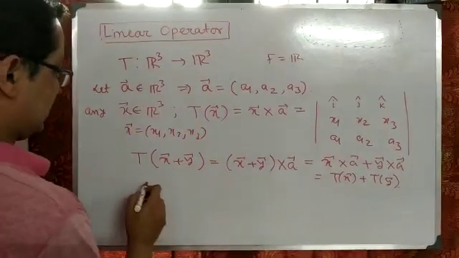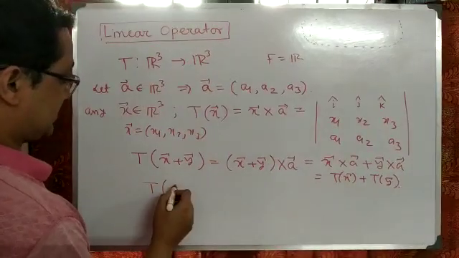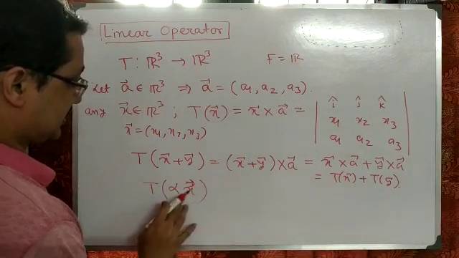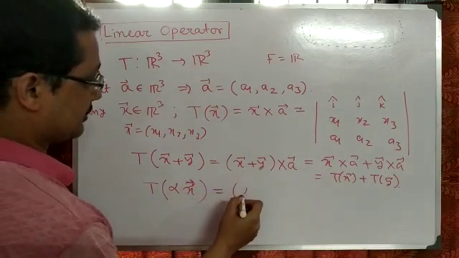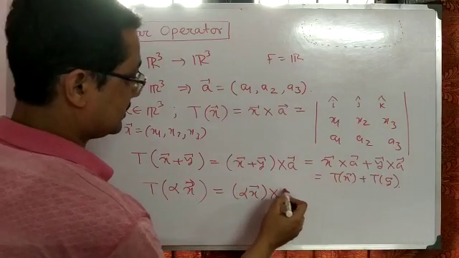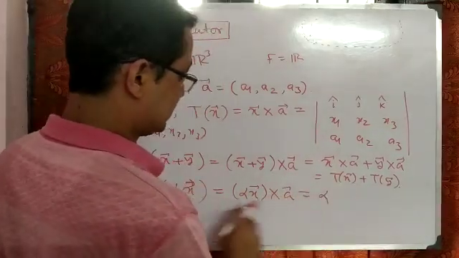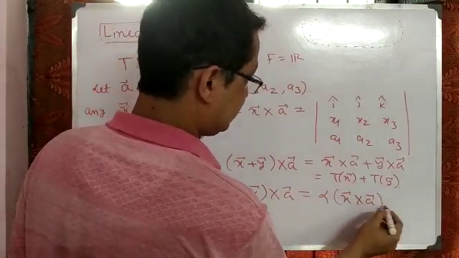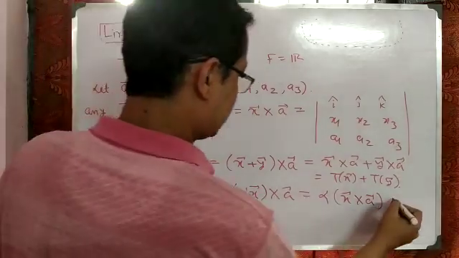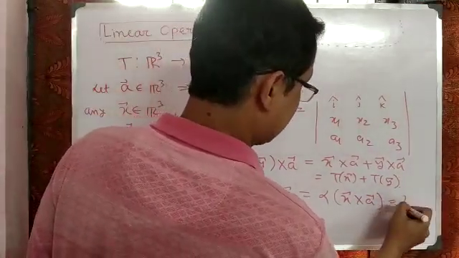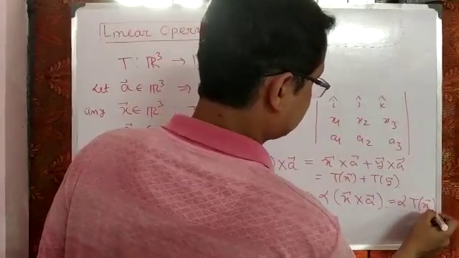Next, if you choose any constant, suppose alpha is a constant, then T of alpha x is alpha x cross a, and alpha comes outside the cross product, so it is alpha times x cross a, which is alpha into T of x.